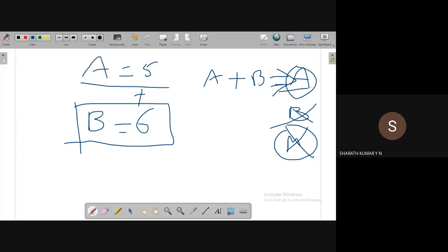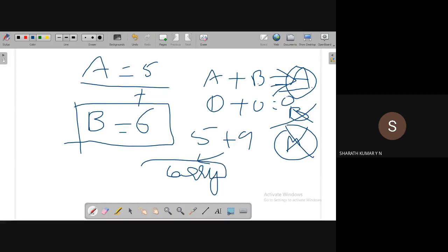Other than this result, for example, let us say we are adding 0 plus 0. The result generated is 0. Or we are adding, let us say, 5 plus 9. It generates some carry, for example. This information has to be stored in some other locations which are called flags, which indicate the condition of arithmetic and logical operations performed by the ALU.